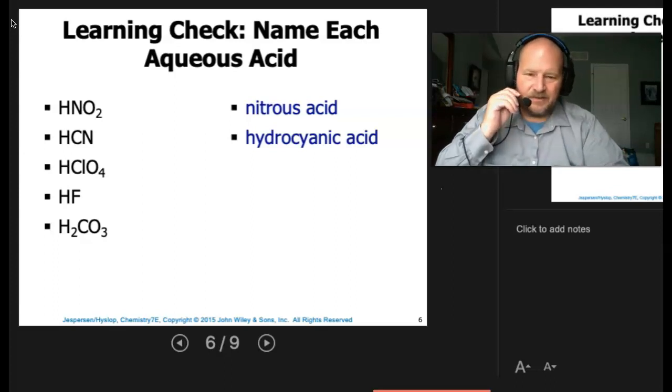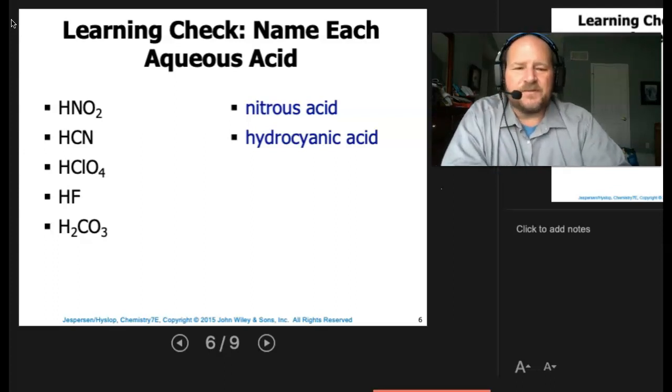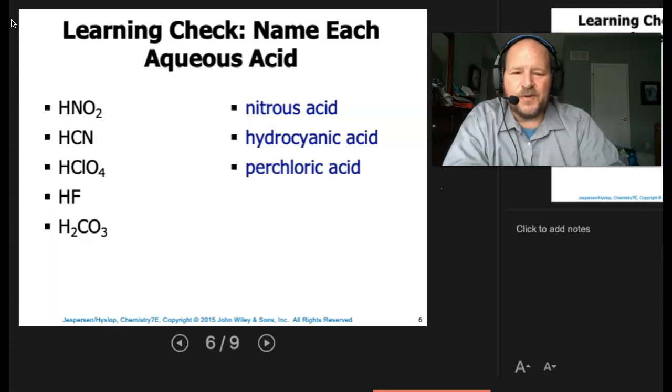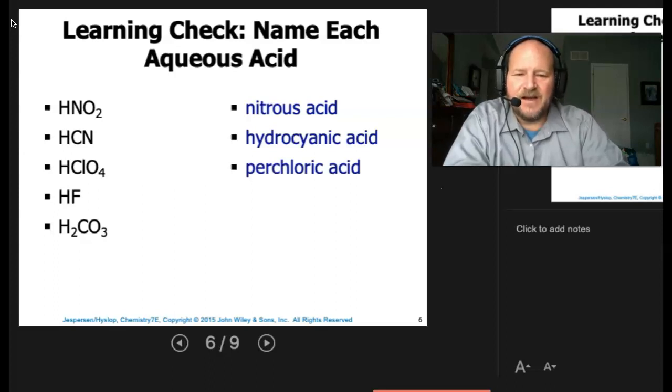All right, so HClO4. Is it perchlorate? Perchlorite? What is it? And then, of course, once we know that it's in ate, then it ends in ic acid, so perchloric acid. How about HF? Or HF is elemental, and so it's going to be hydrofluoric acid.